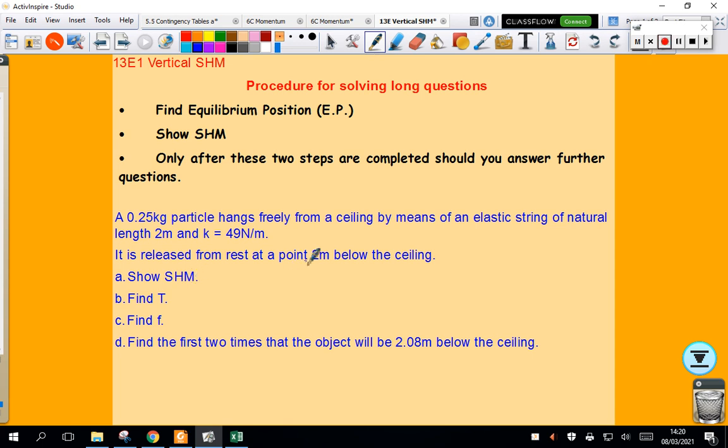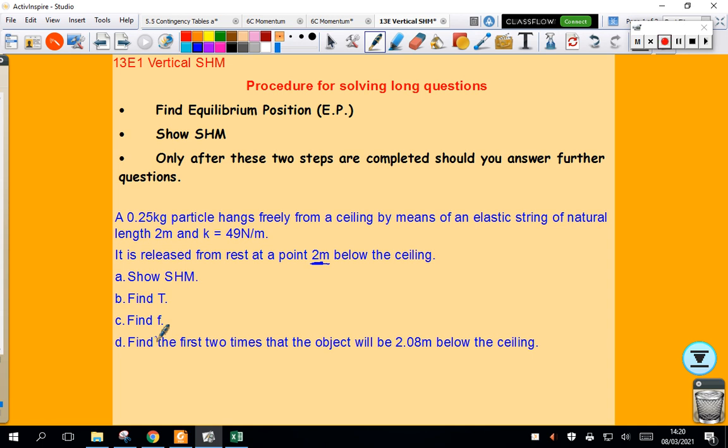So what I'm saying here is I'm going to ignore this bit until the end, until I start to find T and F and the other things. I'm going to ignore that until after I've proved simple harmonic motion, and then I'll start thinking about finding the other quantities. So I'm going to ignore that 2 meters below the ceiling.